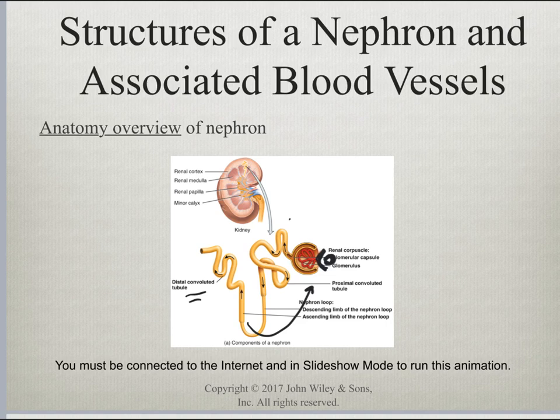So if we think of it like this, we're putting the end of this system back at the beginning. And that's a little weird to think about, to say, well, why would we put the end of this structure back at the beginning? If we go back to the nephron and what the function of the nephron is, we're essentially making urine, right?